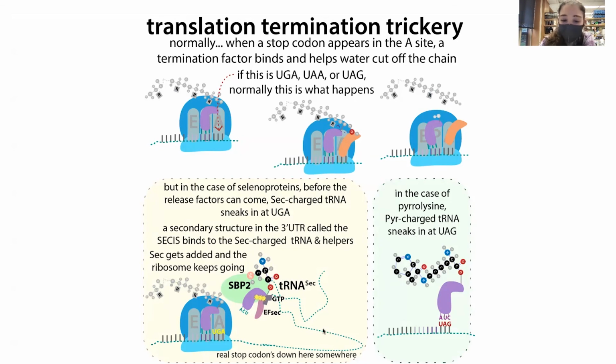This would be a cis-acting element because it's on the same thing as the stop codon, and then these would be trans-acting elements, external factors. All of this needs to come together to sneak it in. But in the case of pyrrolysine, because they don't normally use this codon as a stop codon, you can use a tRNA basically exclusively to incorporate pyrrolysine.